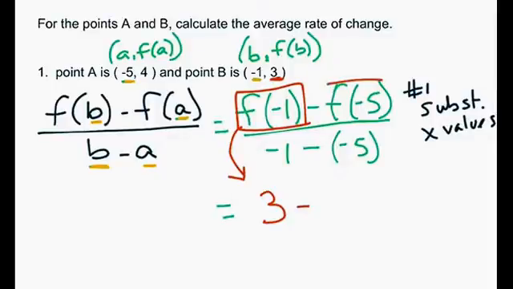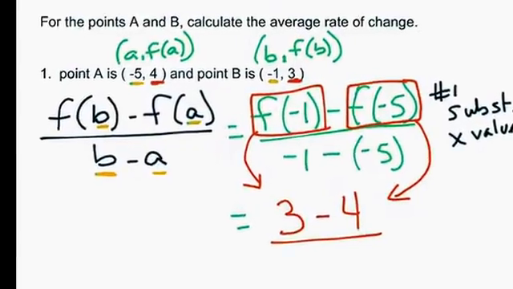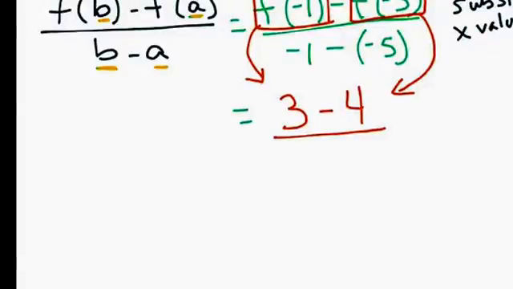Now I want to do the same thing with f(-5). I need to know the y value when x is negative 5. Well, that's over here, the 4. I've substituted the y value for the notation f(-5). I'm going to go ahead and bring down my negative 1, and I've got a negative and a minus here, which gives me a plus.